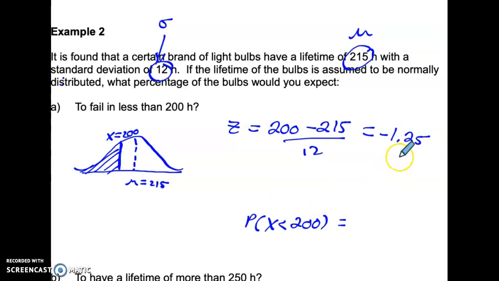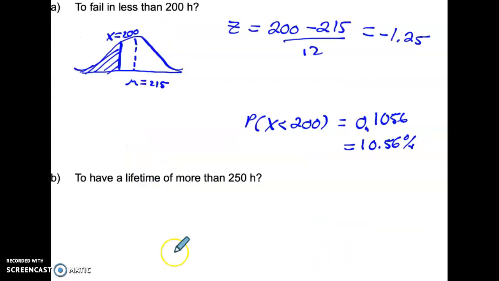So then take a minute, go to your z-score table, look up negative 1.25, and then come back and replay the video. So if you look it up in your z-score table, you should have gotten that the probability is 0.1056, which is really 10.56%.